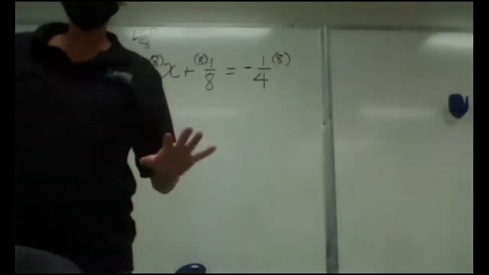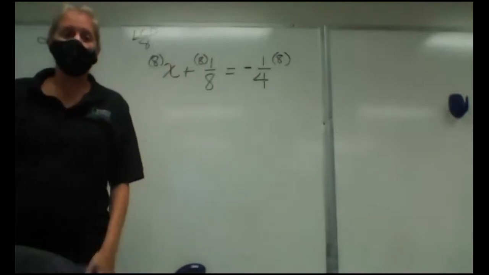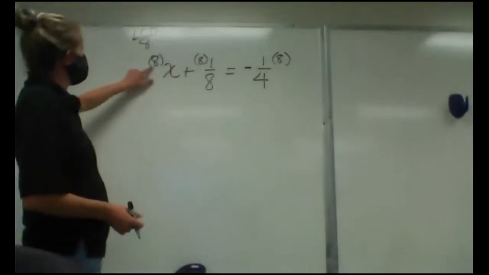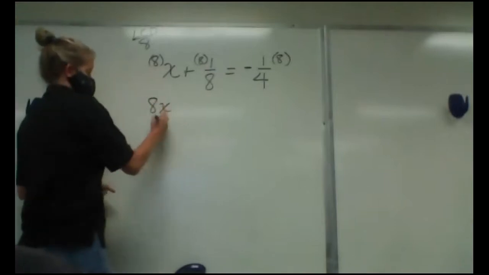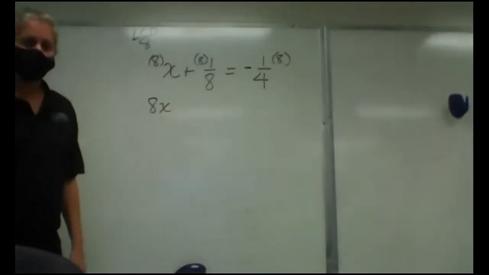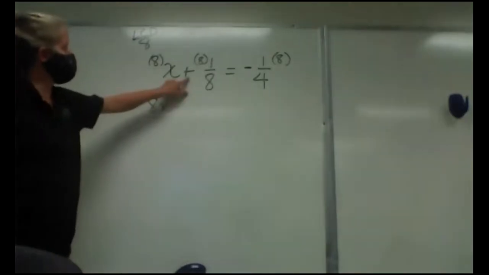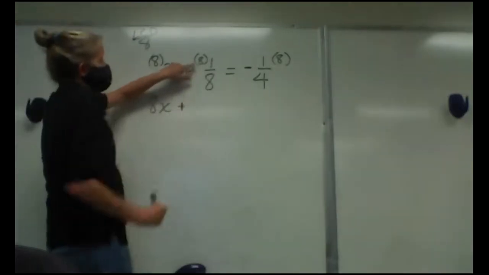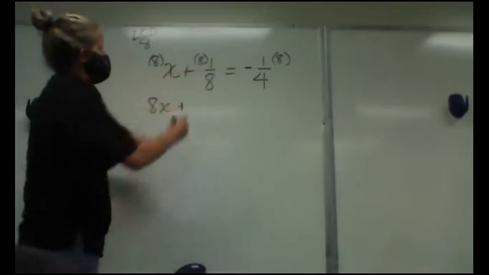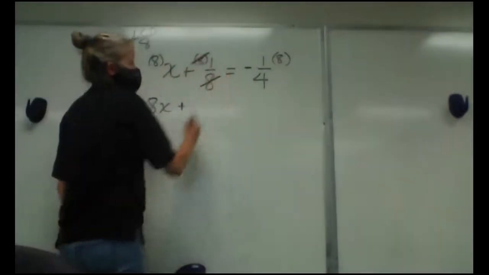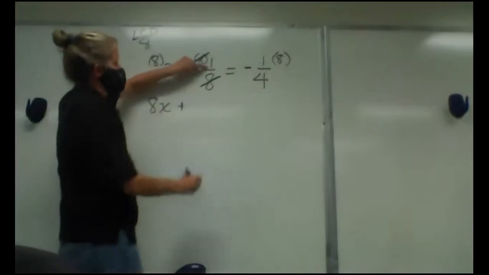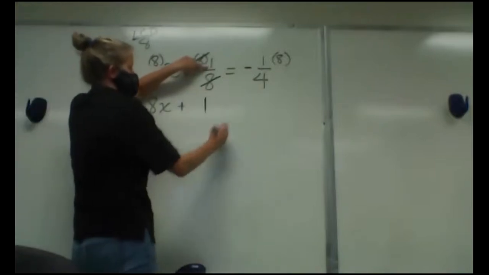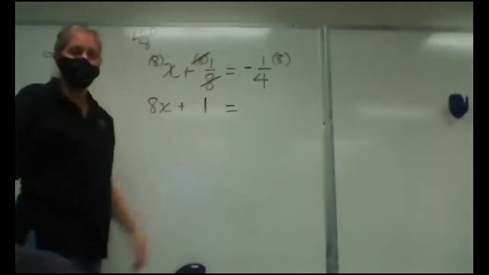So I'm not changing anything, I'm just doing the same thing to both sides. So let's see, here I've got 8 times x, which is 8x. Write down my plus. If you've got an 8 in the top and the bottom, they just cancel each other out. So all you're left with is that numerator, which is just that 1. Equals.